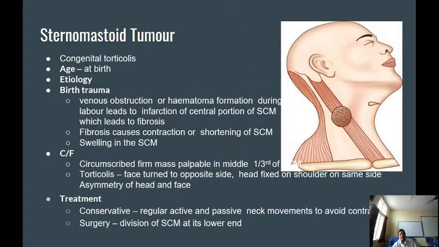Then you come to another condition which is called sternomastoid tumor, that is the muscular tumor, which is present in the middle of the sternocleidomastoid muscle.